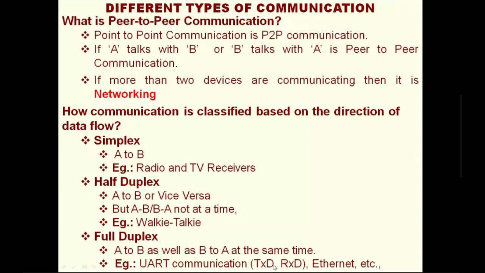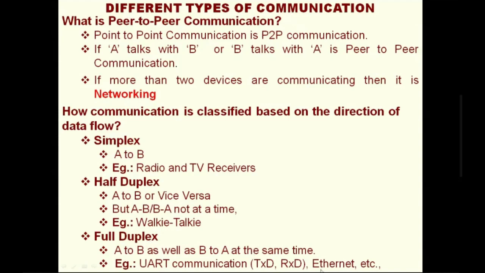TXD is transmit data, a separate wire for transmission. RXD is receive data, a separate wire for reception. Through TXD you can transmit and through RXD you can receive, so simultaneously we can both transmit and receive. Hence, UART is a very good example for full duplex serial communication.